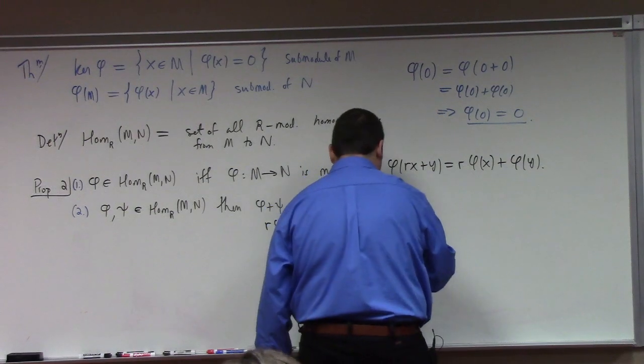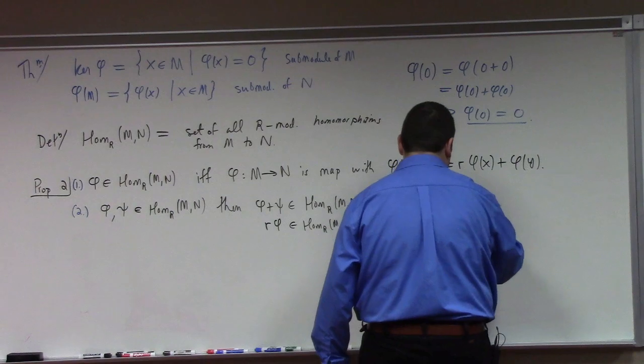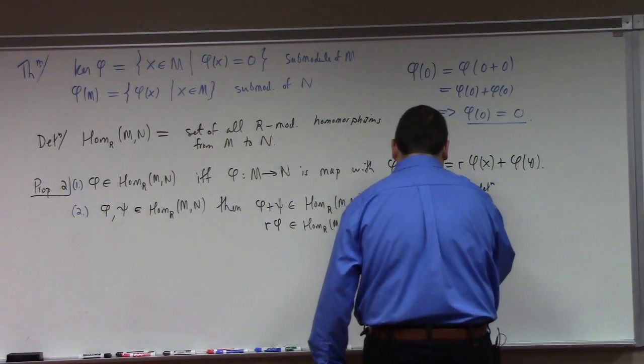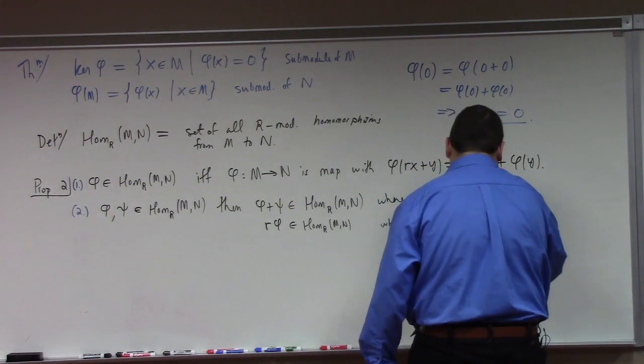How do we define the addition of two R-module homomorphisms? Phi plus psi of x is equal to what, by definition? And R times phi of x is equal to what by definition?